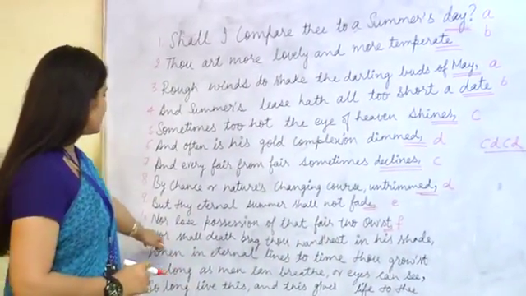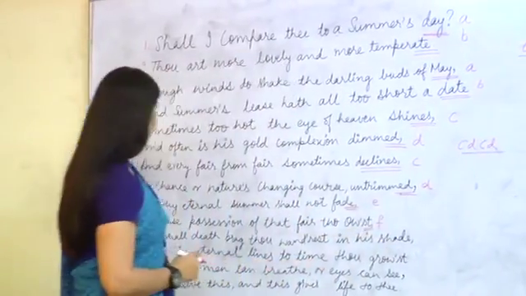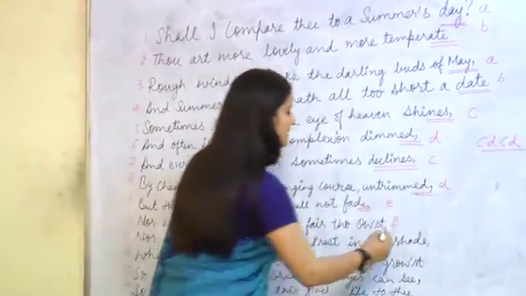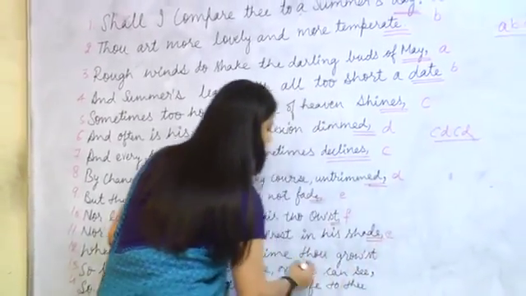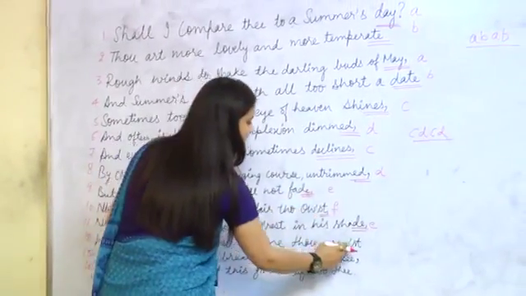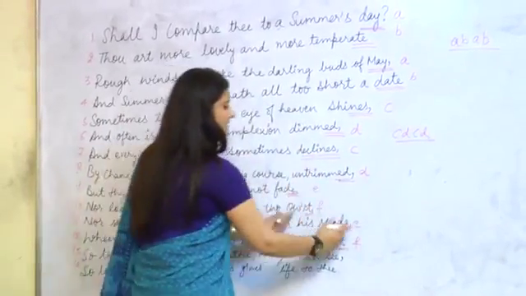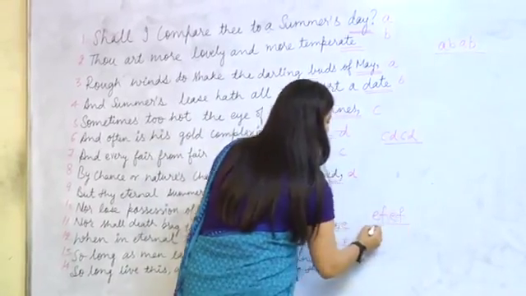Going to the next two, "Nor shall death brag thou wander'st in his shade, when in eternal lines to time thou grow'st." Here fade is rhyming with shade, so it will be E, and ow'st is going with grow'st, so we place F. So for these four lines we have a rhyming scheme of E, F, E, F.